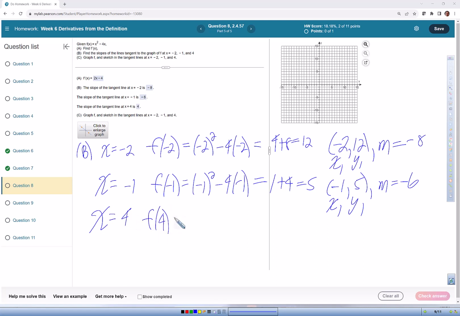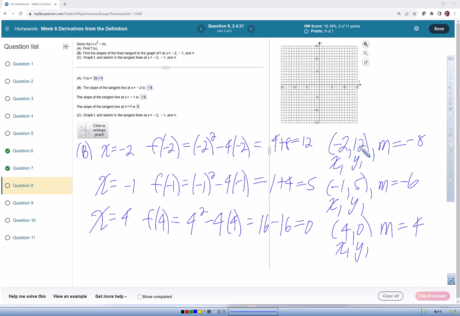F at 4 is 4 squared minus 4 times 4. So that is 16 minus 16, which is 0. So that's going to give me 4, 0, x1, y1. And here the m equals 4. So I have each of these things here, I have a point and a slope. So that should be enough to get me the equations of the lines.